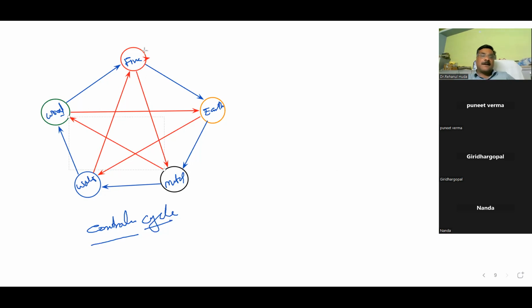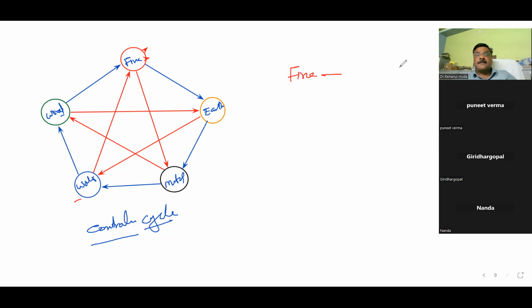This control organ is just the back organ of the mother organ, or we can say the grandmother organ. The mother organ, and this organ is the grandmother organ. So always the mother feeds more and the grandmother controls.